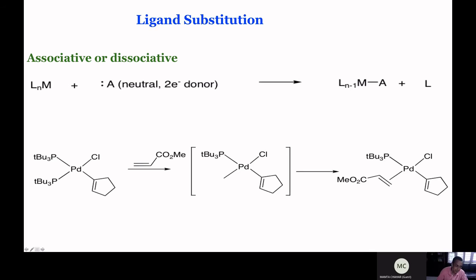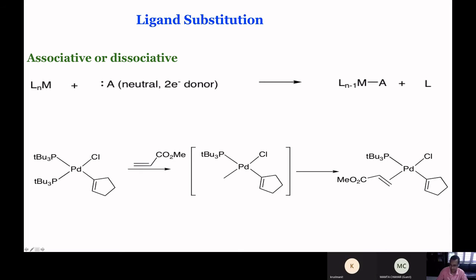So what is happening here? The ligand metal complexes are there, and in an associative ligand substitution mechanism, what happens? The metal attaches with another ligand which has a lone pair of electrons, right?